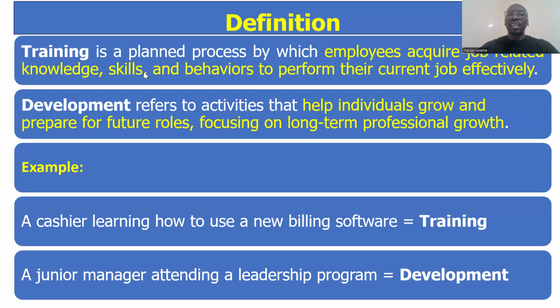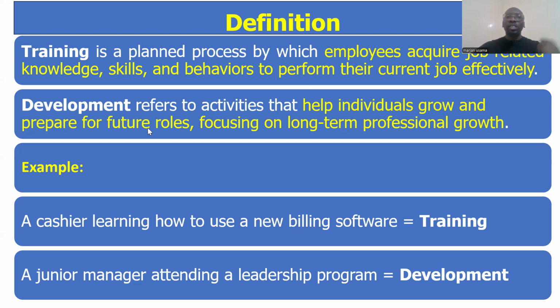That is the knowledge, skills, and behavior to perform their current job effectively. Training is short-term. So we are training employees only focusing on their current job, while at-tatwir refers to activities that help individuals grow and prepare for future roles.